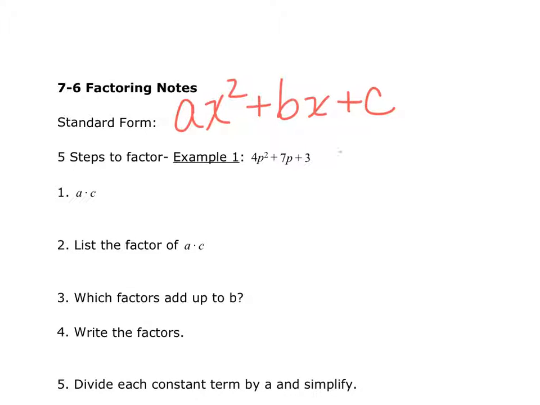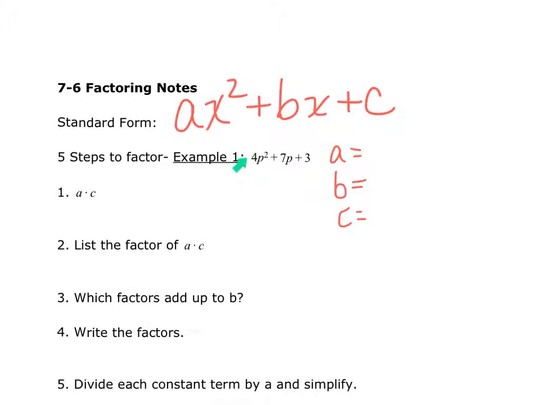So the first thing I'm going to do is identify what A, B, and C are in this expression. Notice A is the coefficient of x squared. So here instead of x, I have p.